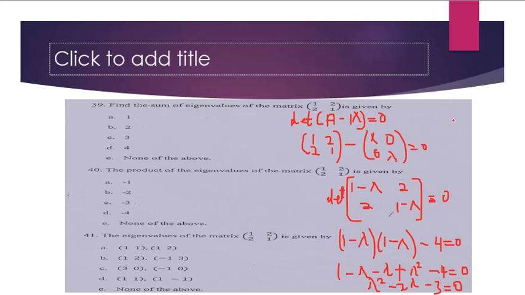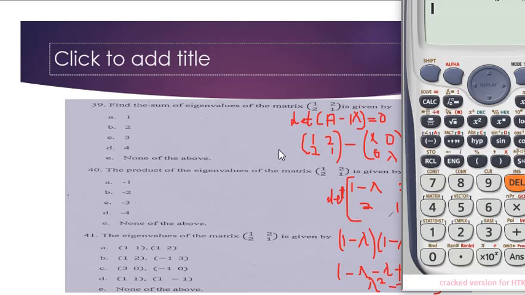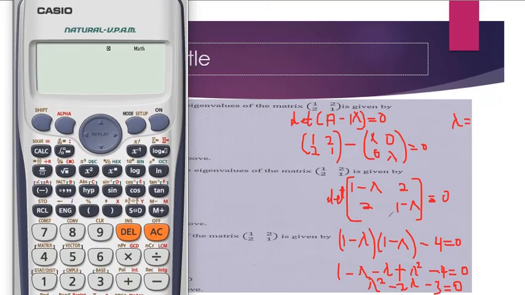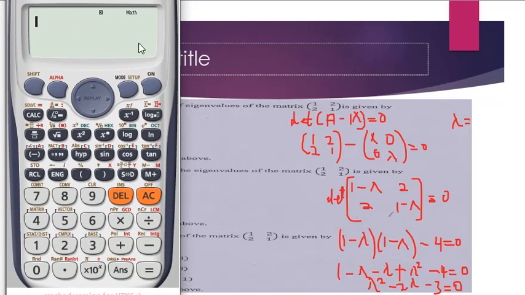Now we have to find the values for lambda, so let's see how you go about that. Pick up your calculator and punch in your equation. This is in the form of a quadratic equation, so you just need lambda 1 and lambda 2, that's eigenvalue 1 and eigenvalue 2.